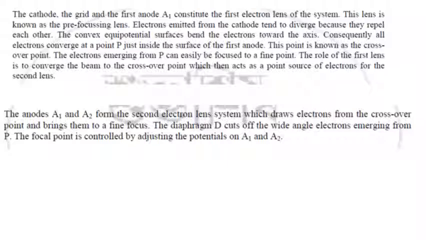The anodes A1 and A2 form the second electron lens system, which draws electrons from the crossover point and brings them to a fine point, and the diaphragm D we have used here, as we discussed, is used to stop wide angle electrons emerging from P. The focal point is controlled by adjusting the potential V1 of A1 and A2. This is the detail. When asked what is the principle, what is the construction of the electron gun, and how it works, this can be given.